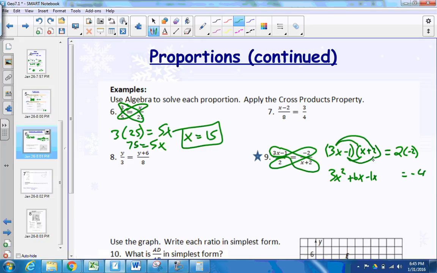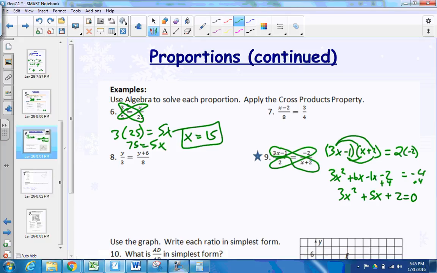And then the last, which would be negative 1 times 2, which would be negative 2 or plus negative 2. So when you simplify that a little bit, you've got 3x squared plus 5x minus 2, but I'm going to add 4 to both sides first. So we have 0 by itself, so we can factor this thing. So it'd be plus 2 equals 0.